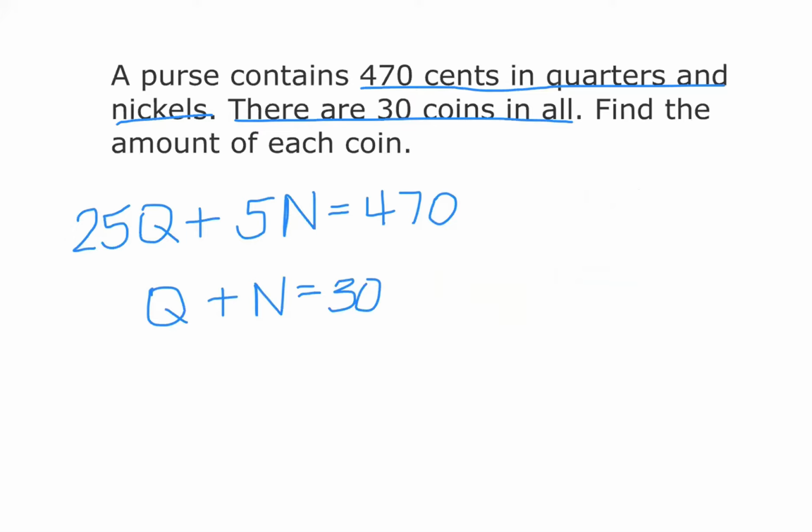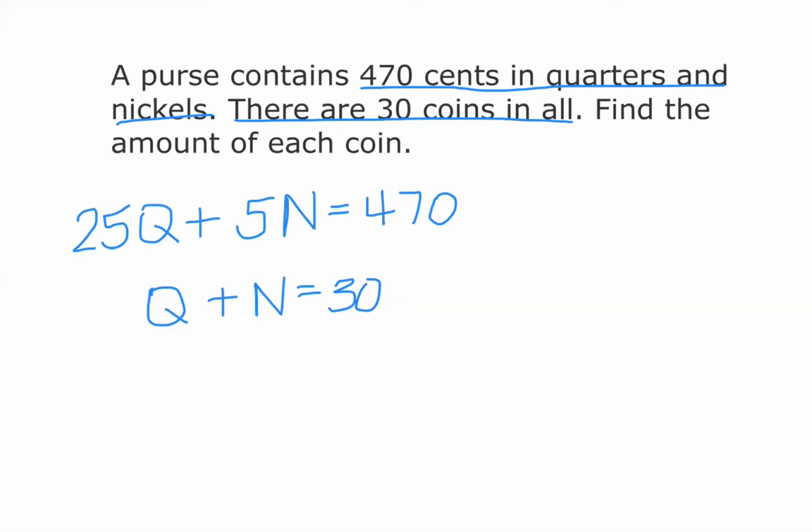I'm sorry, but I have a follow-up question to what she said. You said the second equation is quarters plus nickels equals 30. So wouldn't that mean that you would have to put the 30 into the equation for the quarters and the nickels?